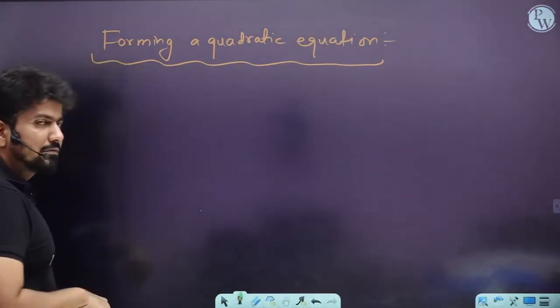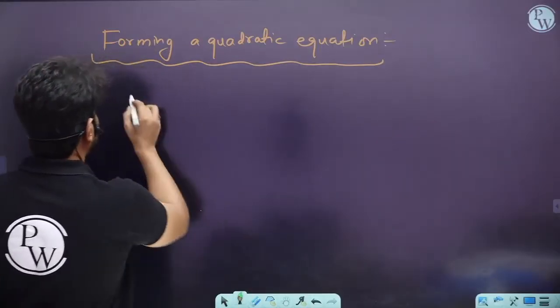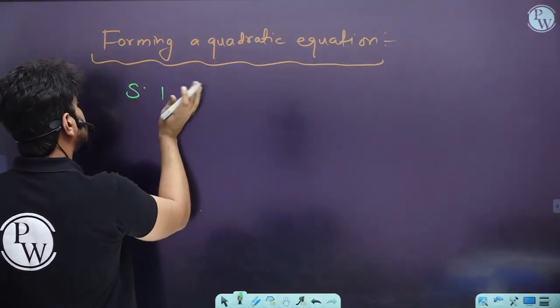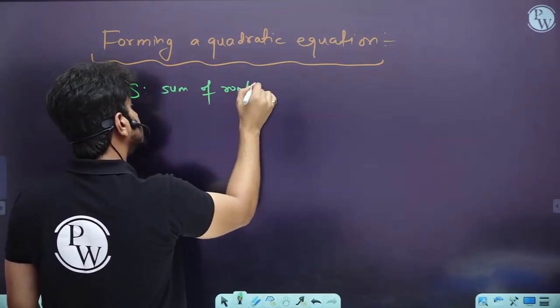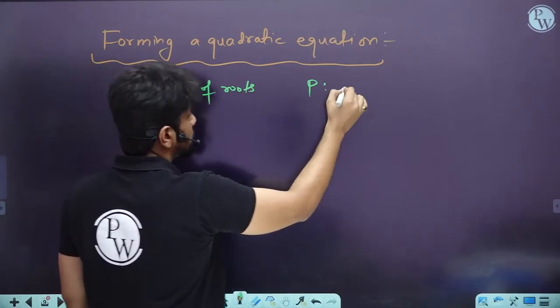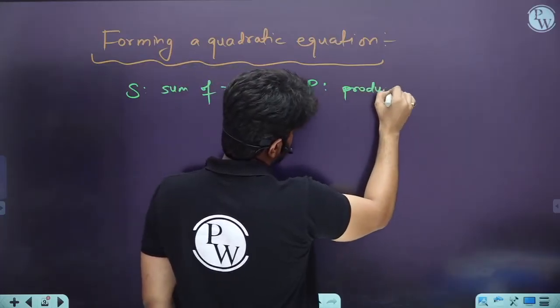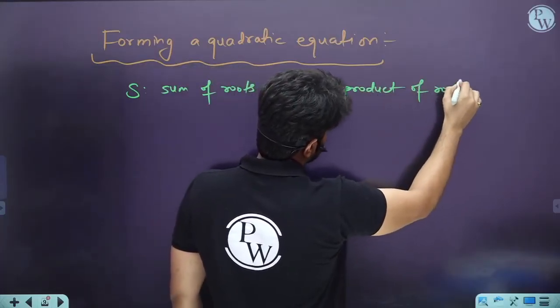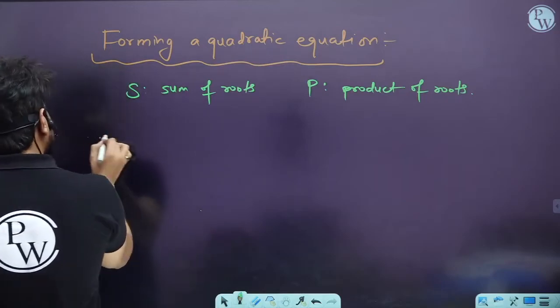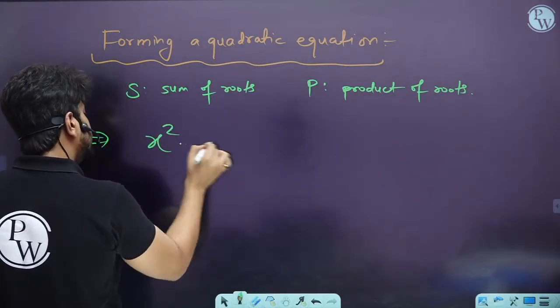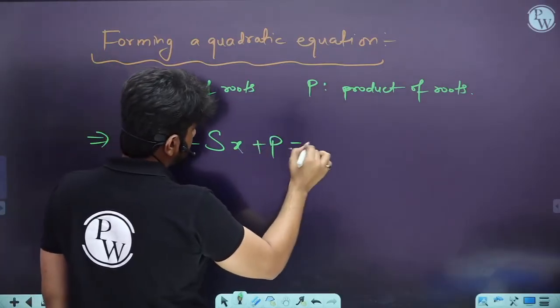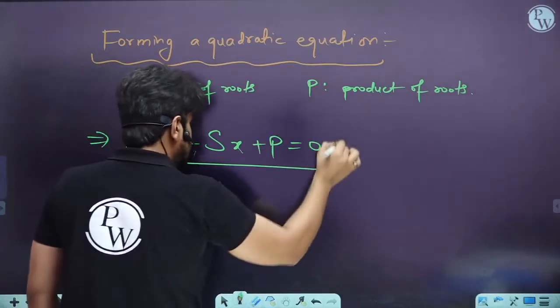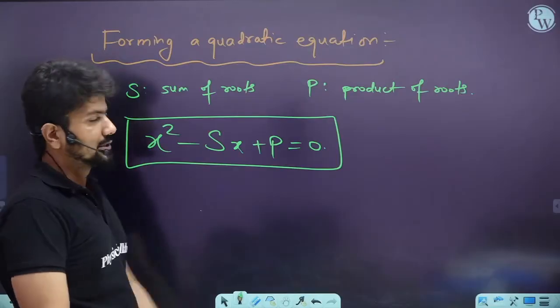Let s be the sum of roots, and p the product of roots, then the quadratic equation is x square minus sum of roots times x plus product of roots is equal to 0. This is our required quadratic equation.